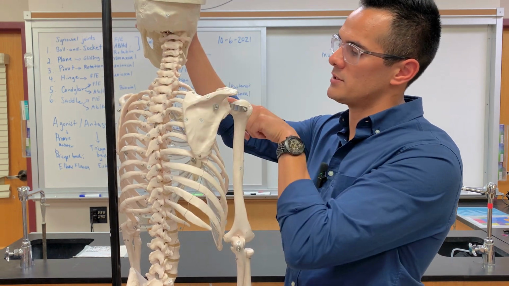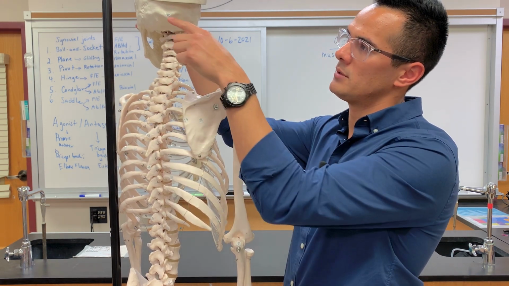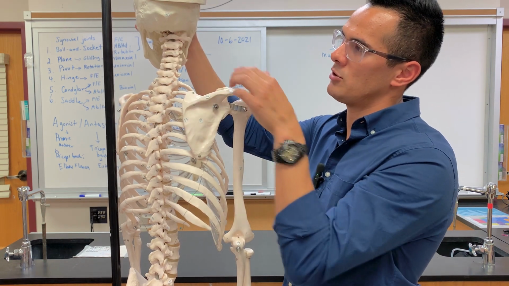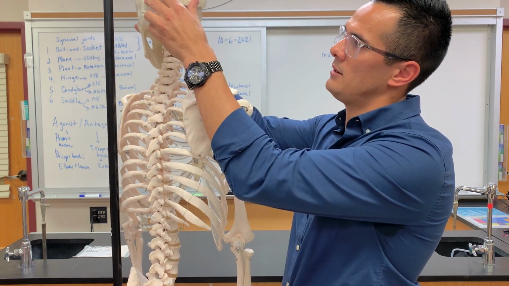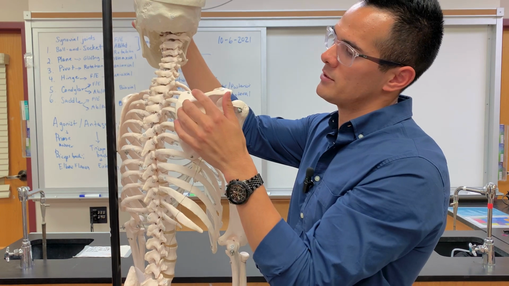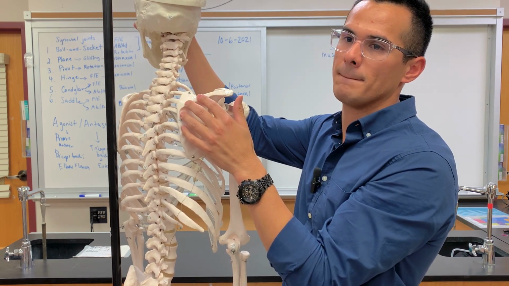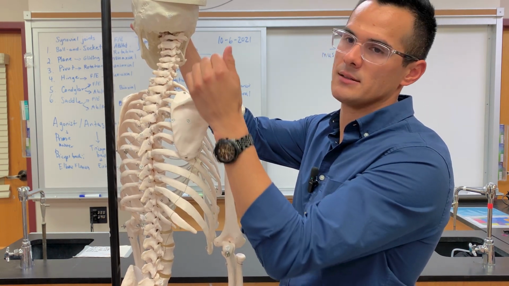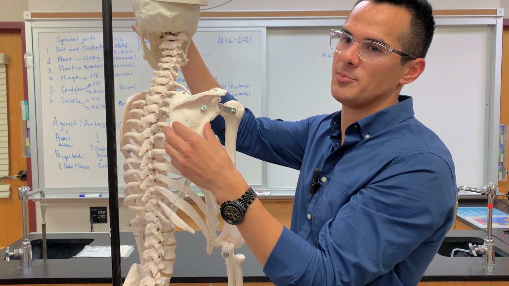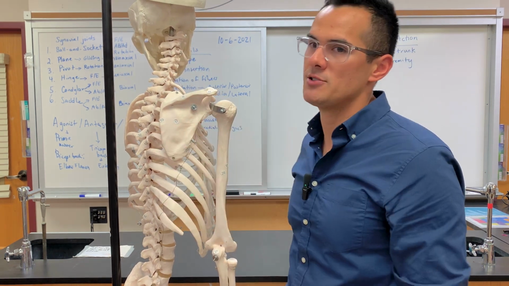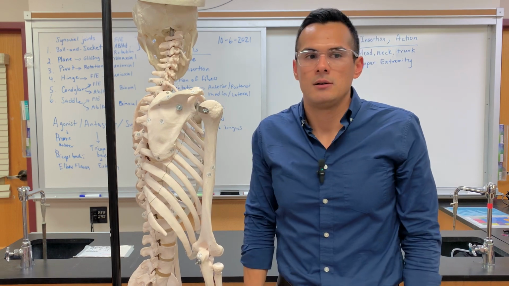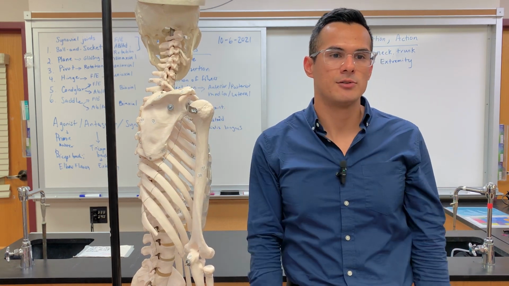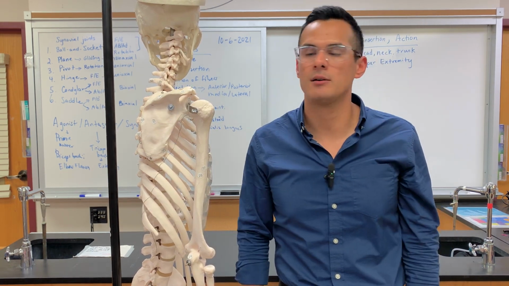The upper goes to the lateral part of the clavicle, the middle goes to the acromion, and the lower goes to the spine of the scapula. They help to elevate the scapula. If you're at the gym and you see people doing shrugs, those are the muscles they're using. They're using the trapezius muscles to help with that motion.